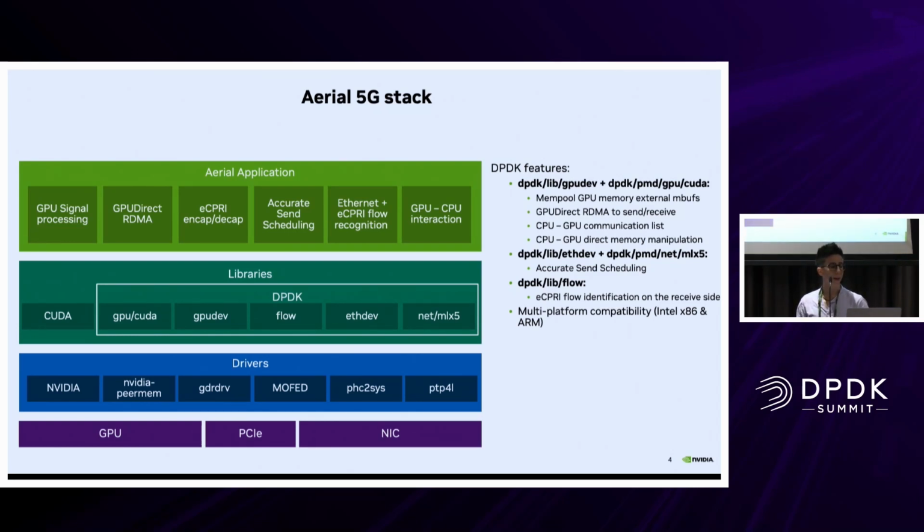What will happen is that the network card later will take care of sending the packet at the right time, mostly managed at a hardware level, so you don't have to worry about firing the packet out into the network at the right time at software level, because the network card will take care of it. So that's a very nice feature that we really need in mobile networks. And then, as I said, Ethernet stuff, eCPRI flow recognition, and CPU to GPU interaction.